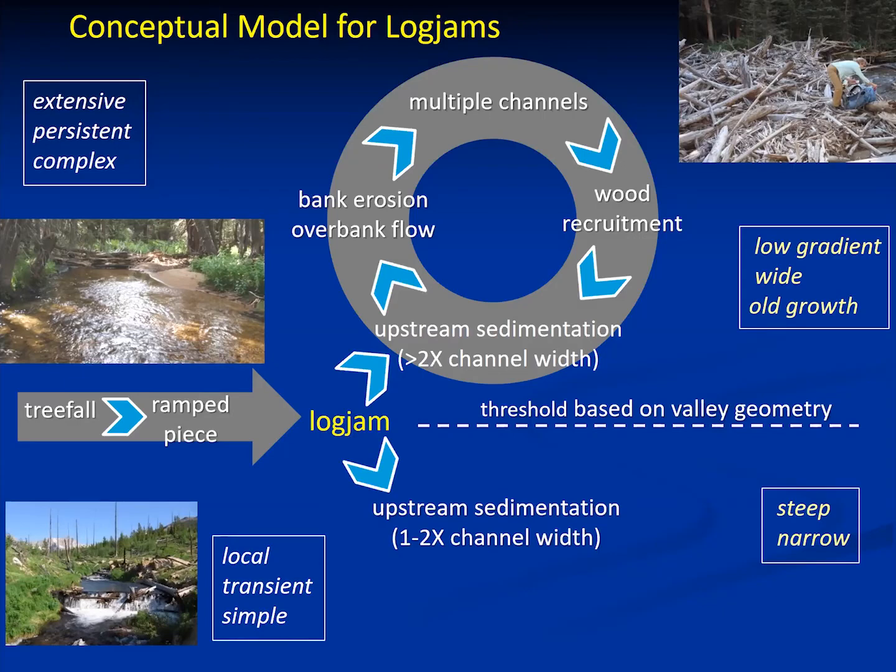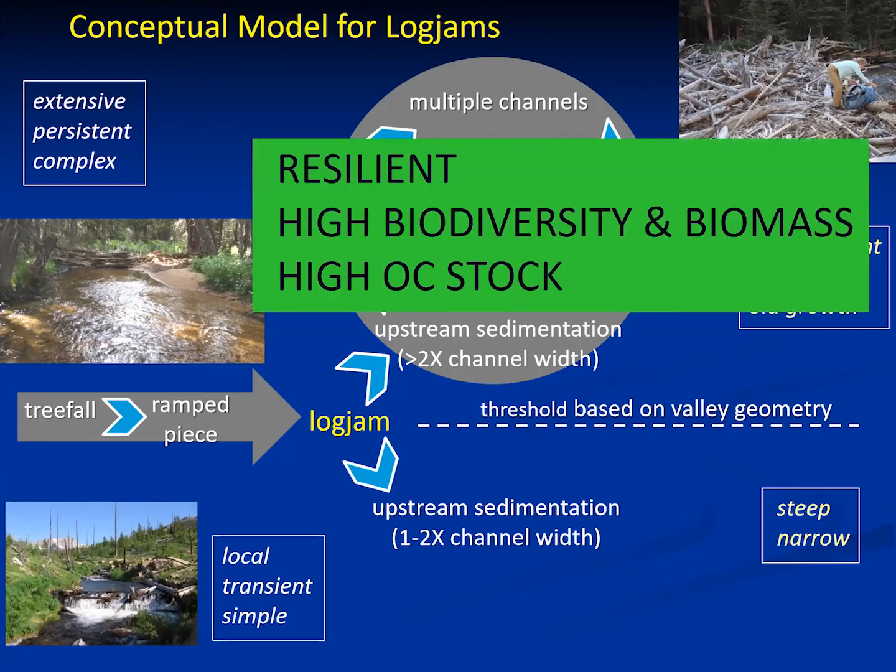And old growth forest in particular supplies large trees when the trees do fall into the channel or onto the valley bottom. So you're more likely to see this scenario in old growth forest where there are these wide low gradient reaches. And those reaches are much more resilient to floods.